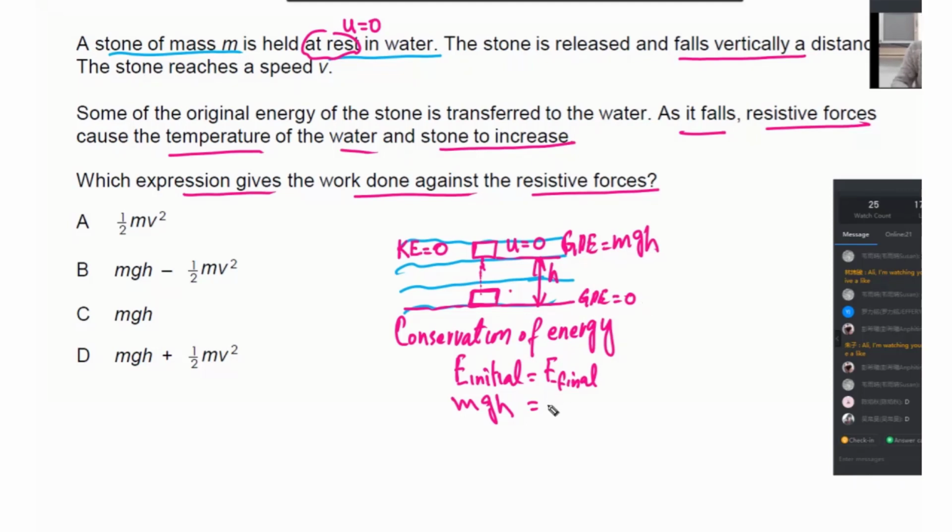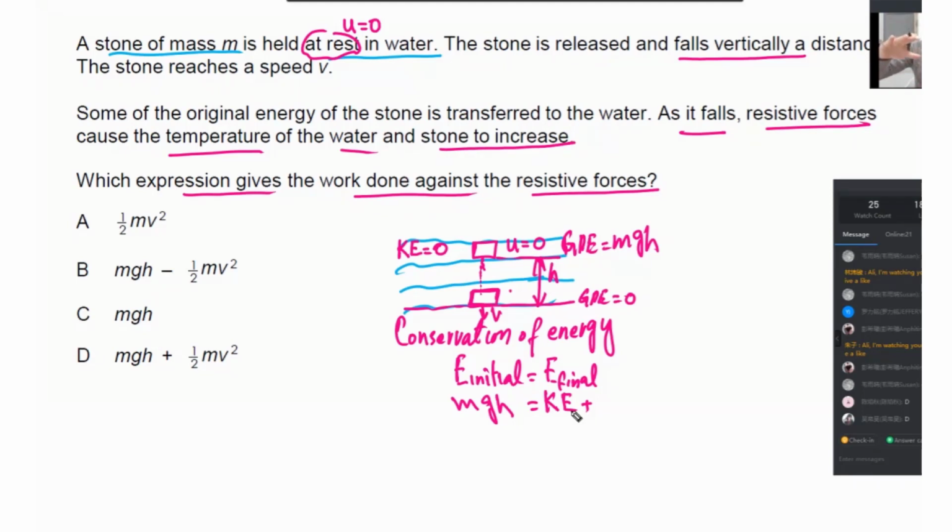So at this point, it has velocity. Stone is falling down with constant velocity. So it has certain velocity, so it means it has kinetic energy. But also we need to understand, when the stone is falling, stone is hitting water particles.